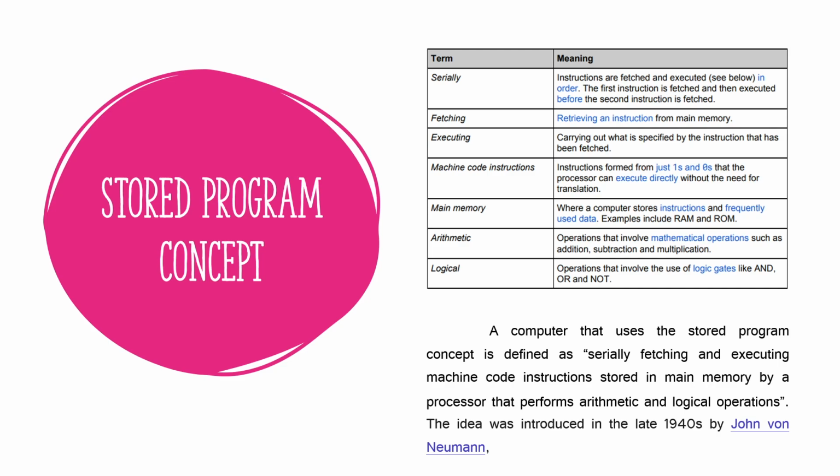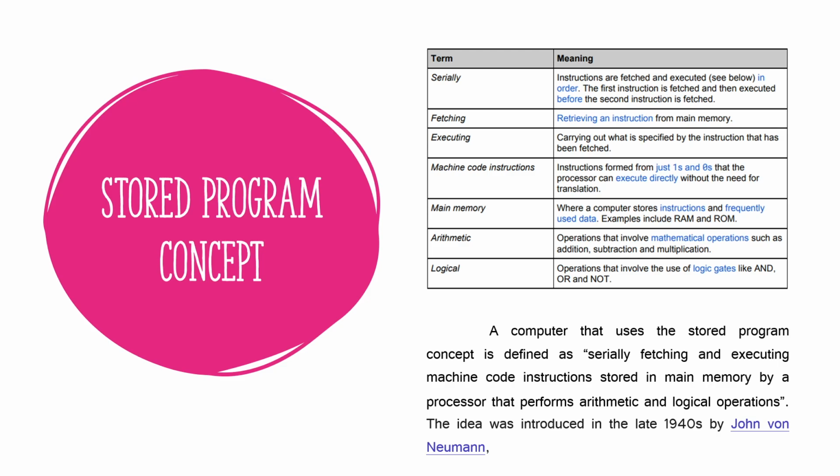Machine code instructions are formed of just ones and zeros, and this is basically the only language the processor can understand without the need of translation. All modern programming languages use some kind of translation system to translate the code into machine code.